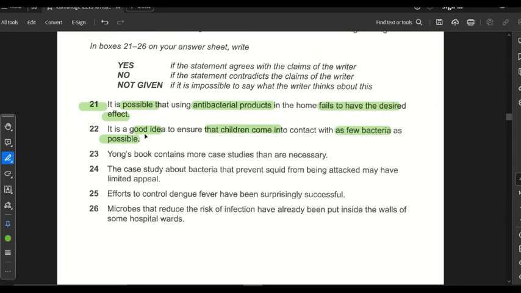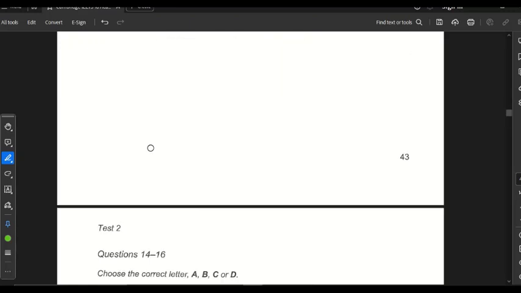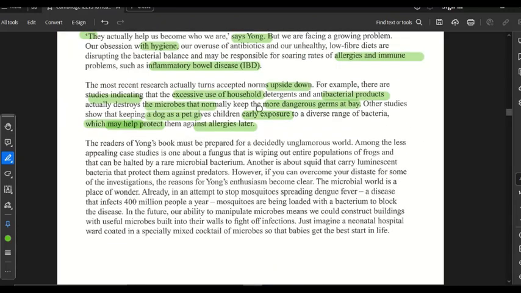It is a good idea to ensure that children come into contact with a few. Now, remember the word that I told you to look at. Some, few bacteria as possible. But over here, what does it say? Pets.